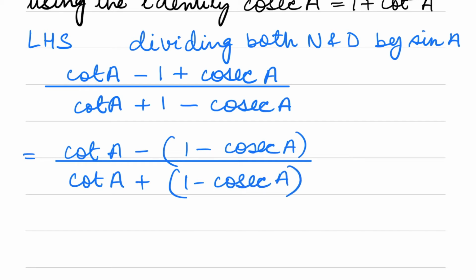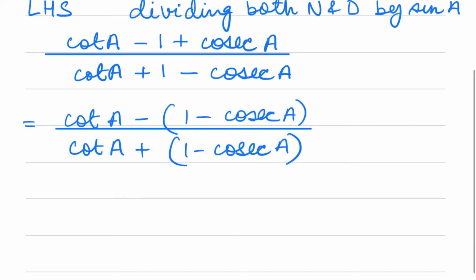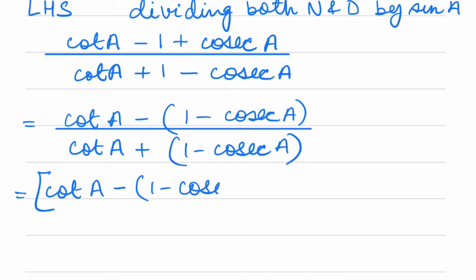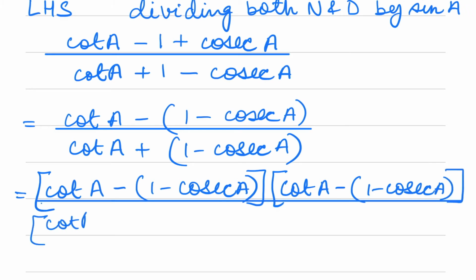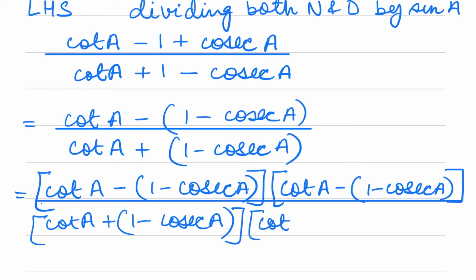Now we can do it like we rationalize the denominator, so I can multiply the numerator by cot a minus 1 minus cosec a, and the denominator too, we can do cot a plus 1 minus cosec a multiplied by cot a minus 1 minus cosec a.